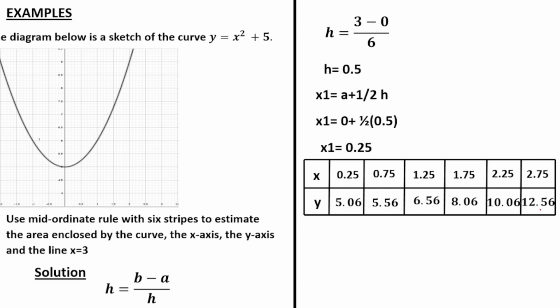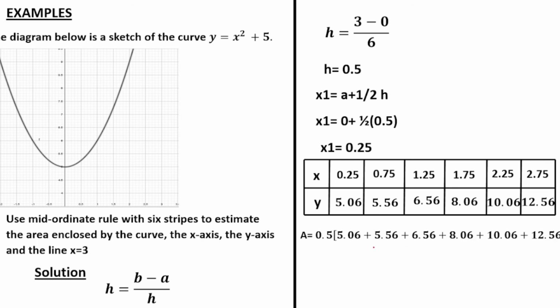Then from our rule that we said, the area under a curve using the mid-ordinate rule is equal to h times the sum of all the y's. So we take the height, which is 0.5, then in brackets all the values of y, that is 5.06 plus 5.56 plus 6.56 plus 8.06 until 12.56.